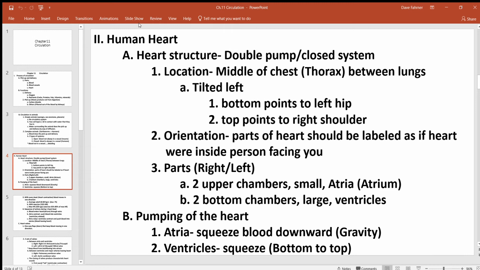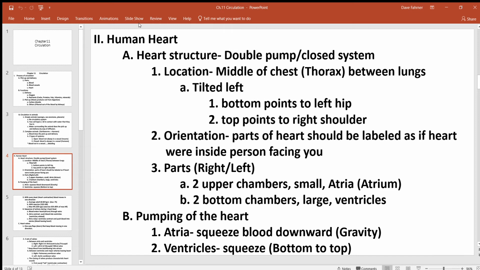Having said that, the parts of the heart that you're going to have to be familiar with are the upper chambers, the smaller chambers, which are called the atrium. Atrium is a singular term, atria the plural term. The two bottom chambers are the large chambers, and they're called the ventricles. Basically, what happens in a heartbeat is that the atria, the top chambers, are going to squeeze in a downward motion, also using gravity to get blood to go downward into the ventricles.